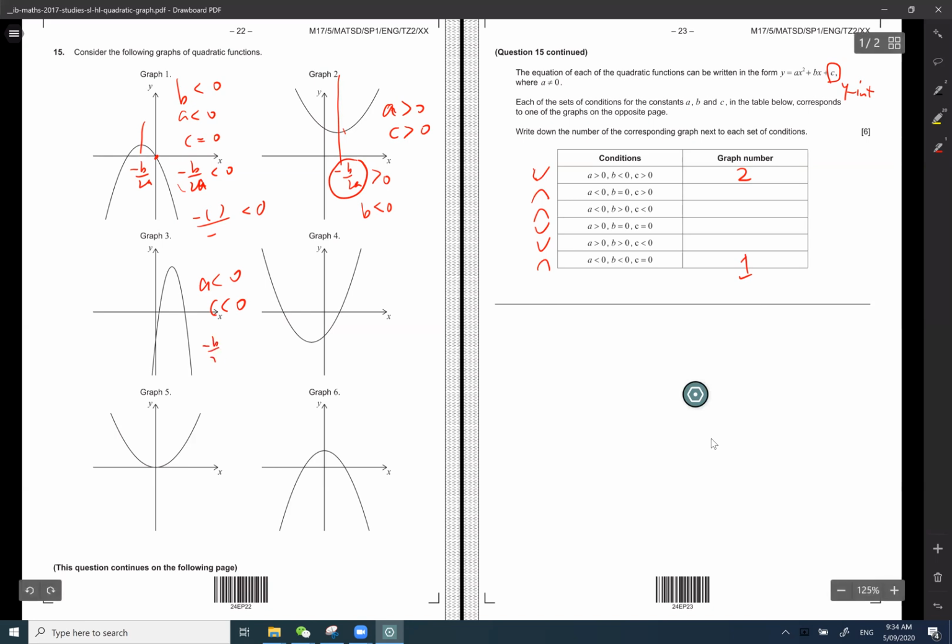Negative b over 2a bigger than 0. It's like negative, negative, bigger than 0. So here is a positive. So b bigger than 0.